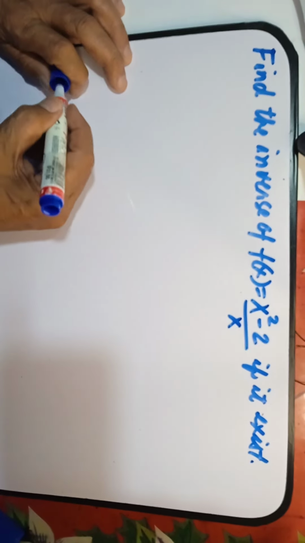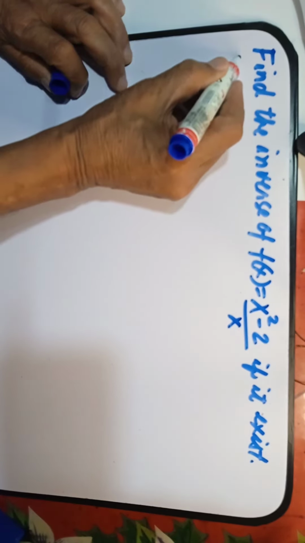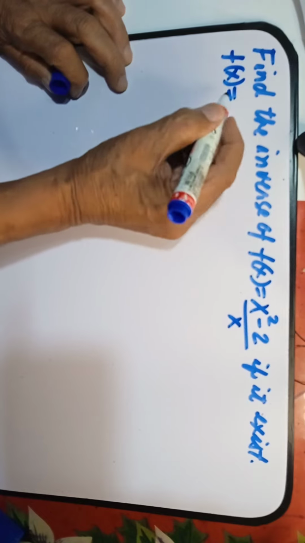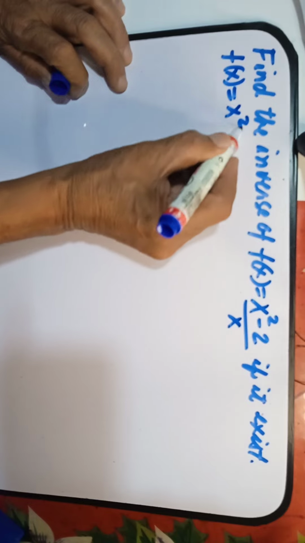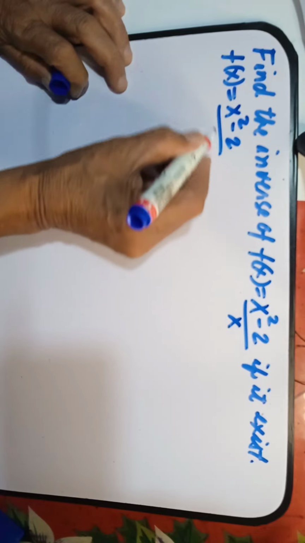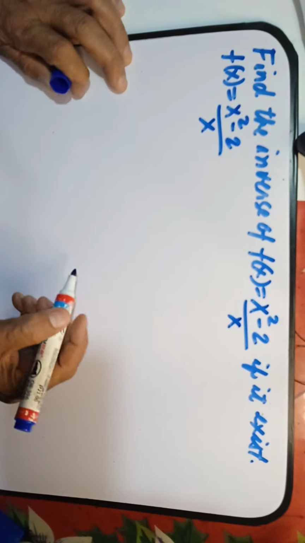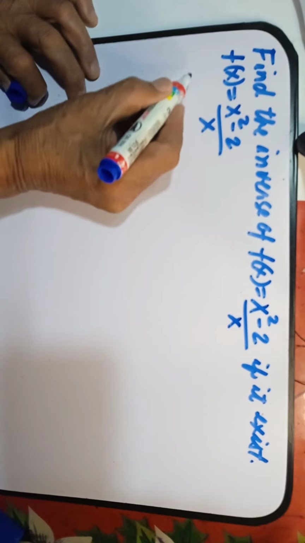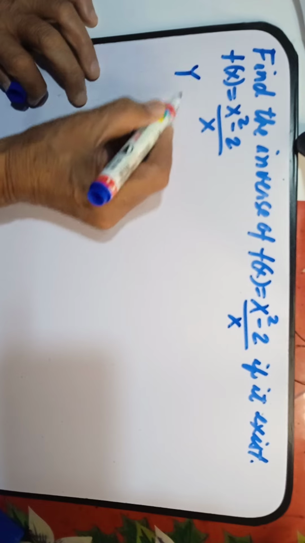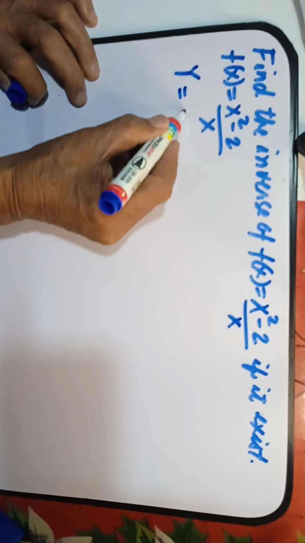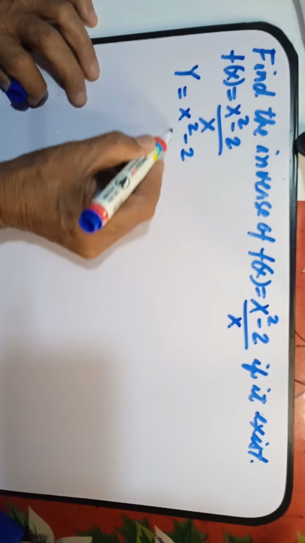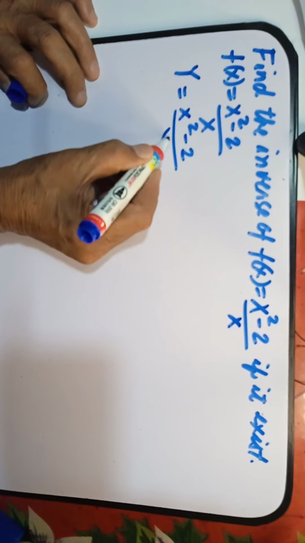So the function is f of x equals x squared minus 2 over x. Again, we change f of x to y. So y is equal to x squared minus 2 over x.